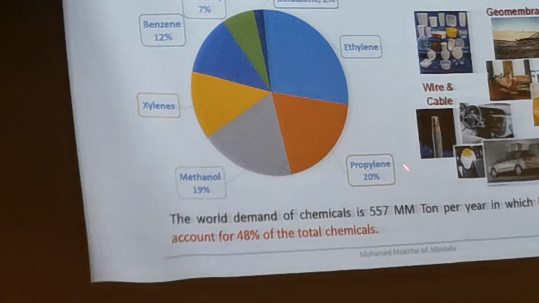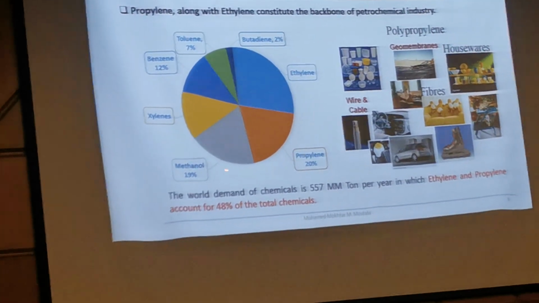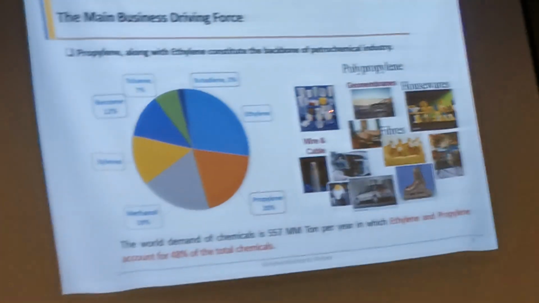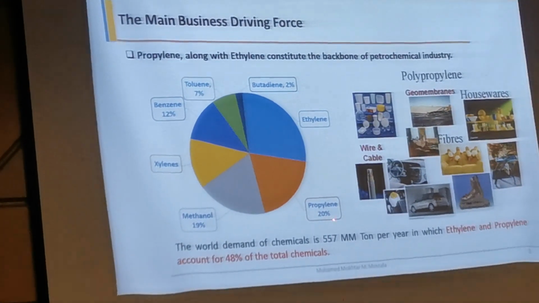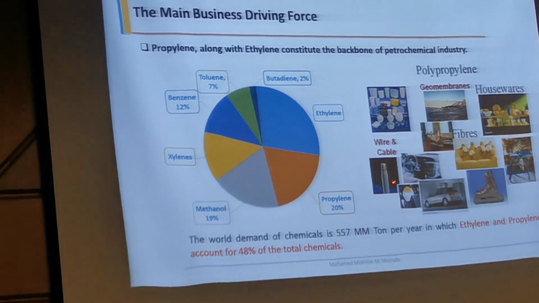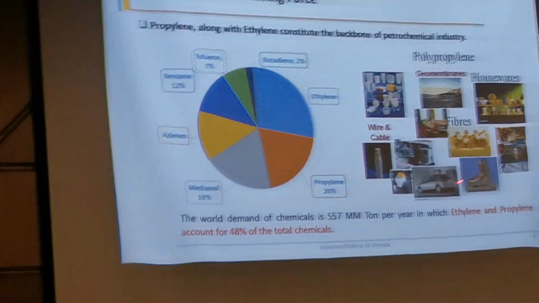Propylene represents almost 20% of this cake, and finds very important applications in different fields in our daily life. Propylene is changed into polypropylene and goes to many applications and productions.